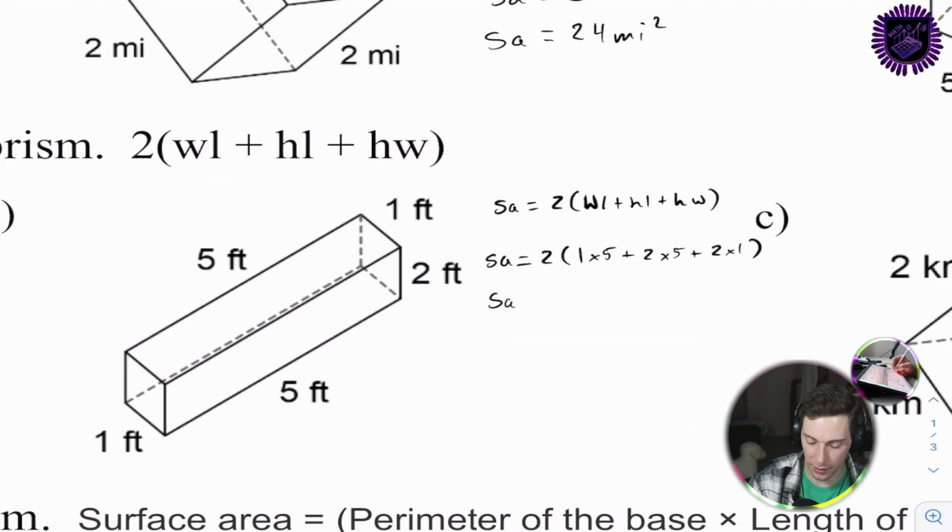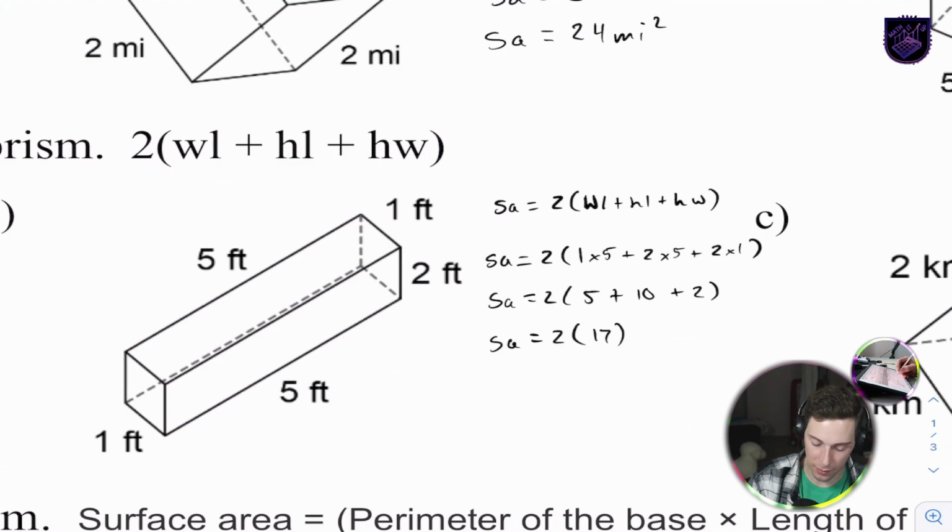So our surface area will be equal to 2 multiplied by 5 plus 10 plus 2. So surface area will be equal to 2 times, what's that, 15, 17. So surface area will be equal to 34 feet squared.